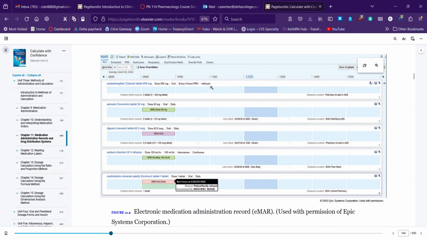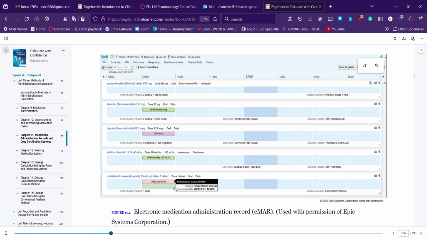Okay, but I don't see where there's a name on this one. So it's going to have the medication, the dosage, the route, the frequency, and the indication if needed. Then, if it's given, it's going to mark the time that it's given. So whenever you click that this medication was given, it's going to pop up the time and say that it was given.